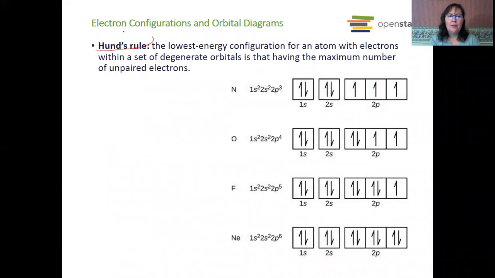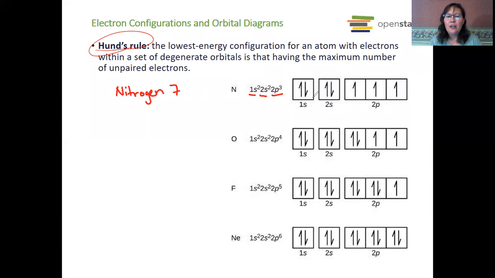Hund's rule says that the lowest energy configuration for an atom with electrons within a set of degenerate orbitals is that having the maximum number of unpaired electrons. All right, so what does that mean? What that means is, so we look at nitrogen here. Nitrogen is number 7. And you can see that it has 1s2, 2s2, and then 1, 2, 3 electrons, 2p3 in that p block.